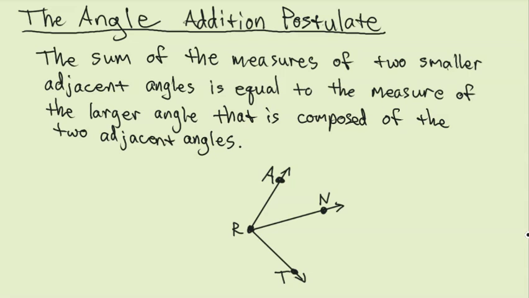Okay, so look at this diagram here. You can see that we have this angle right here. Okay, look at this. We have this angle right here. That's a smaller angle. And this one is also a smaller angle. Okay, so we have these two, they're adjacent angles.